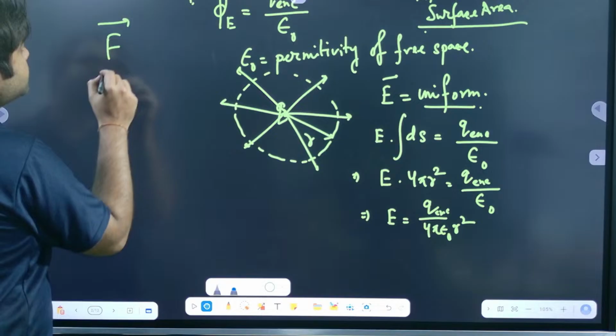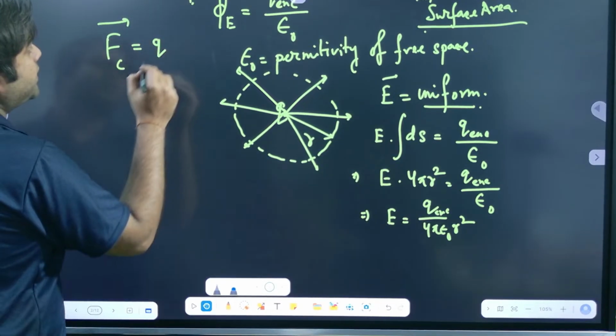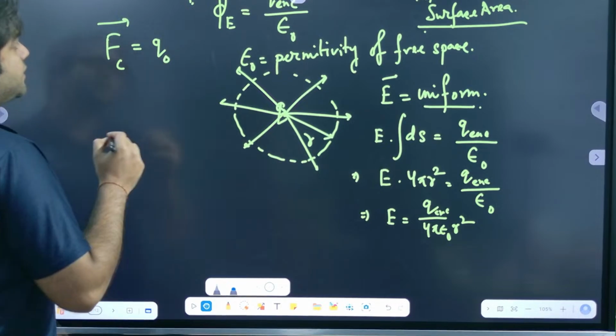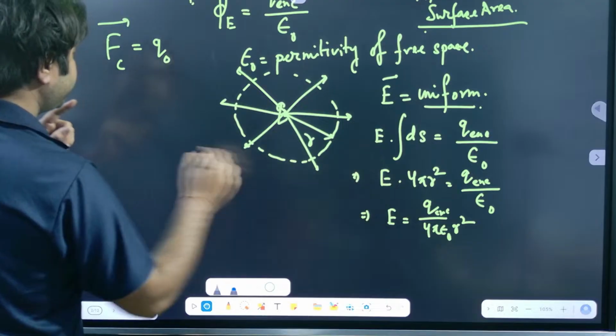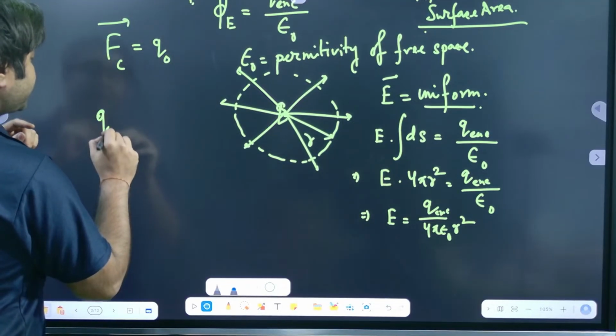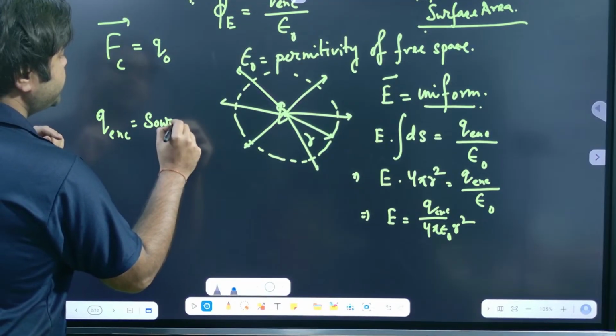What was the Coulomb force? If this charge q naught is the test charge, and this q enclosed you can consider as a source charge. Why is it the source charge?